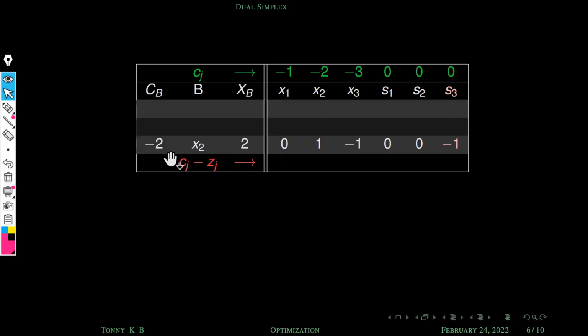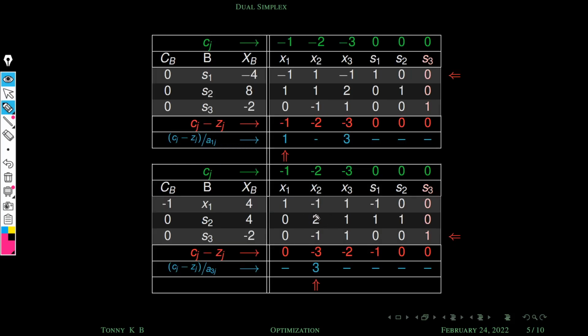The next row is minus 2, x2, 2, 0, 1, minus 1. Then we have to convert this term to 0 and this term to 0. How to convert this term to 0? R2 goes to R2 minus the element in new R1, that is 1, right? Clear?